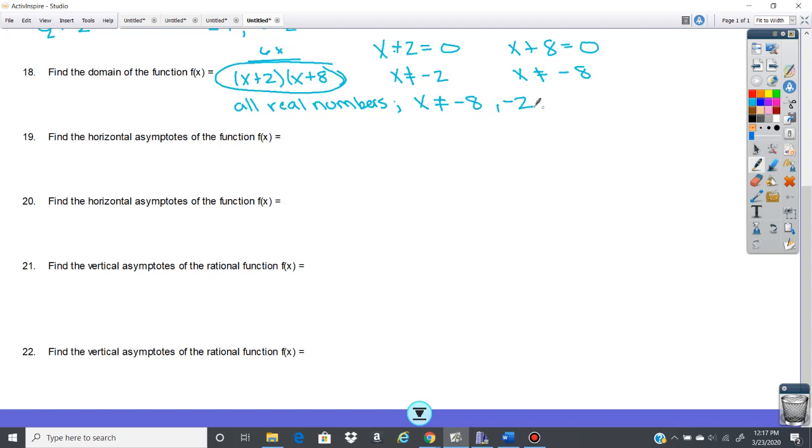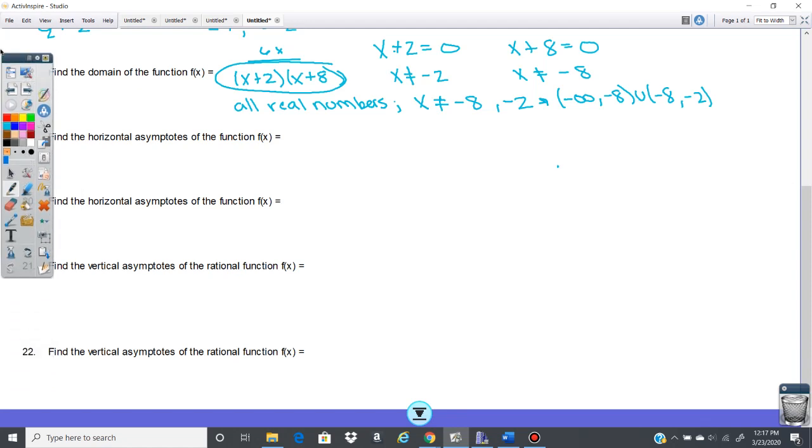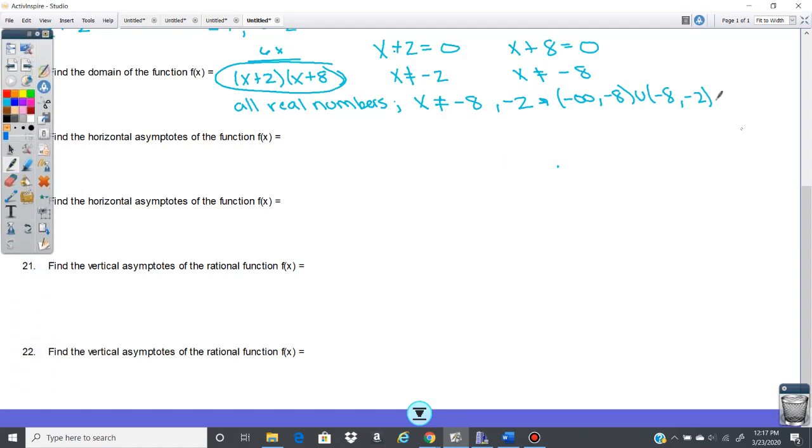So in interval notation, it would be going from -infinity, because we go left to right, to -8, and then union, -8 to -2, and then union -2 to positive infinity.